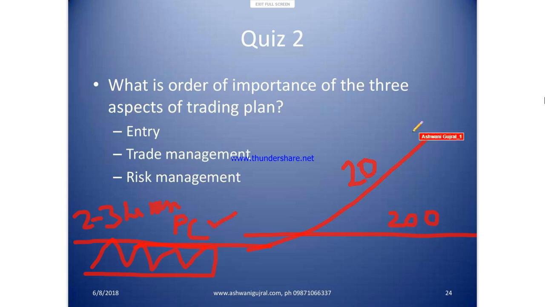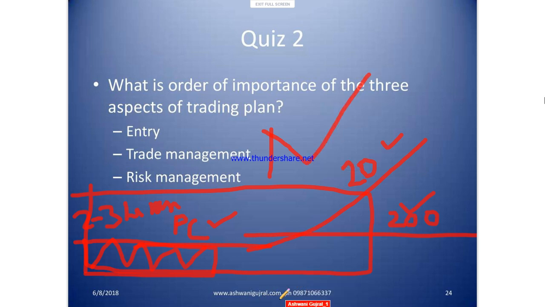Previous close 20, 200. Previous day 2-3 hour, last 2-3 hour range. Above this becomes a block of support. Above this, it's buy on dip.